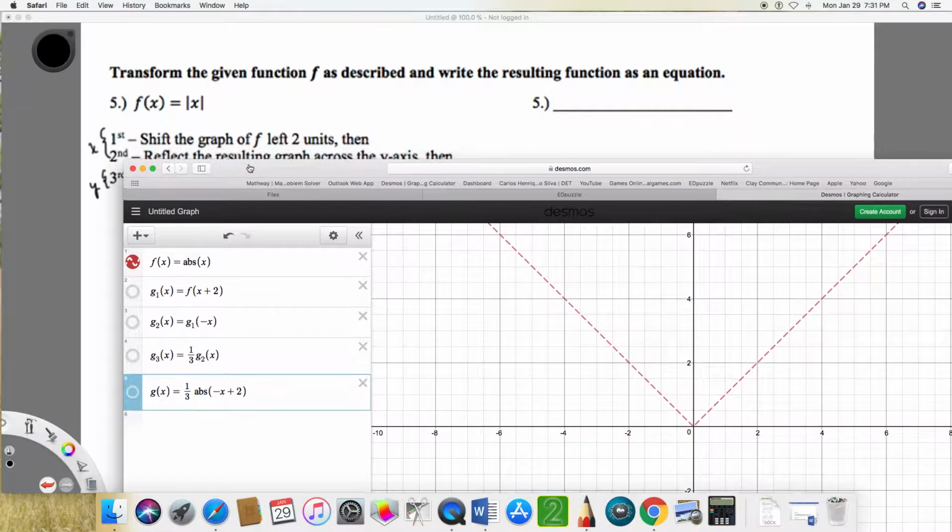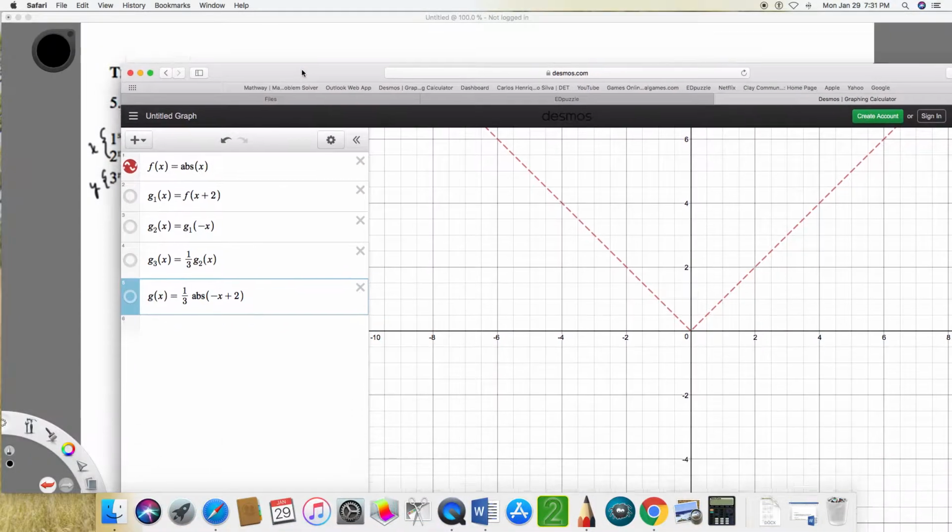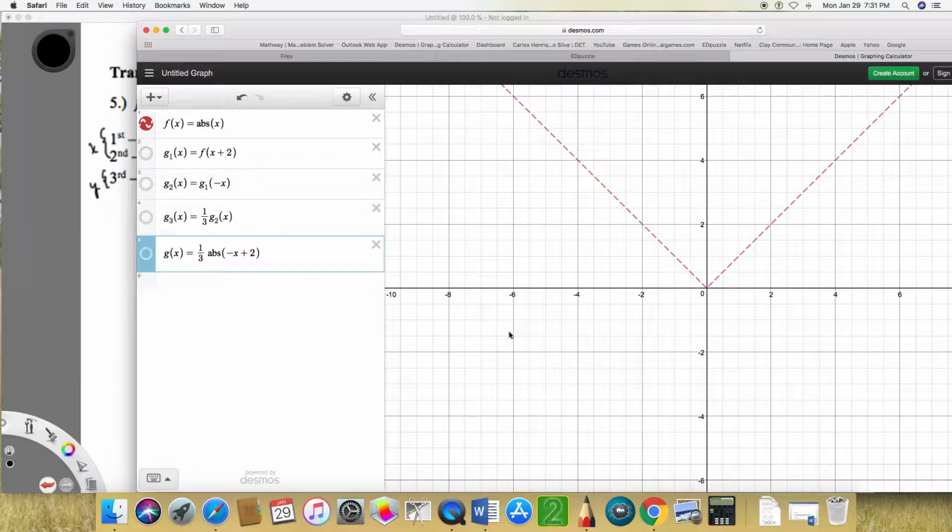Our first transformation of shifting the graph to the left 2 units is actually x plus 2. So you can see there that the Desmos graphing calculator understands function notation, and it knows to shift that to the left 2 units. Then this negative sign is going to reflect this across the y-axis.